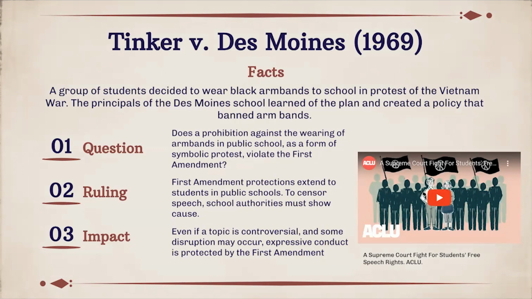The day prior to when they were supposed to start wearing their armbands, they created a policy that stated that any student wearing an armband would be asked to remove it, with refusal resulting in suspension. So on December 16th, 2 days later, Mary Beth Tinker and Christopher Eckhart wore their armbands to school and were sent home.